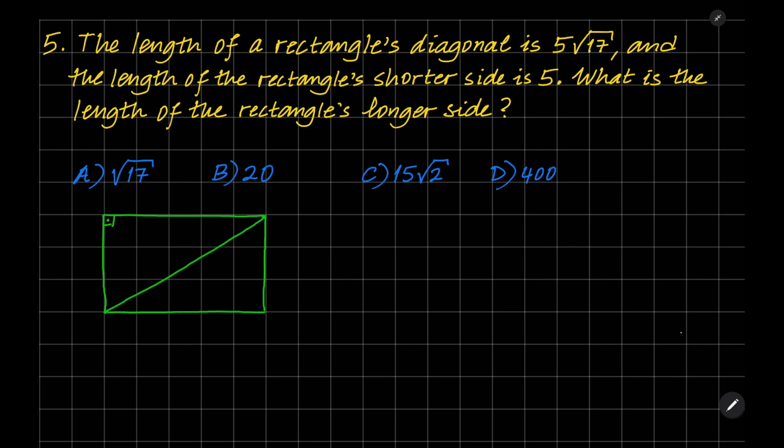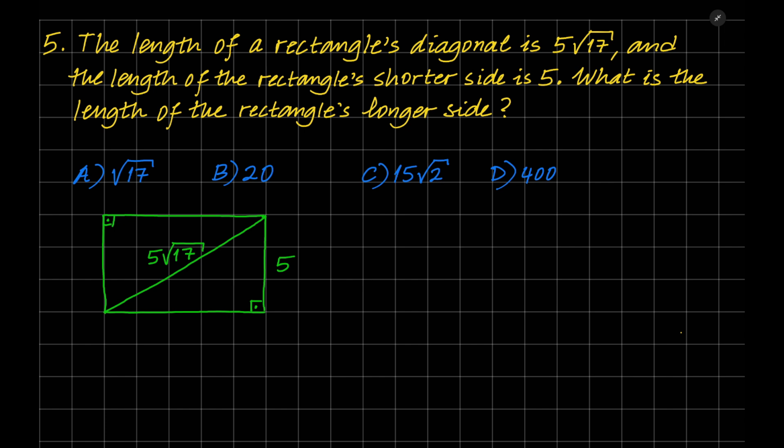If it's a rectangle, that means this angle is 90 degrees and also this is 90 degrees. It's also given that the rectangle's shorter side is 5 and the rectangle's diagonal is 5 square root 17.